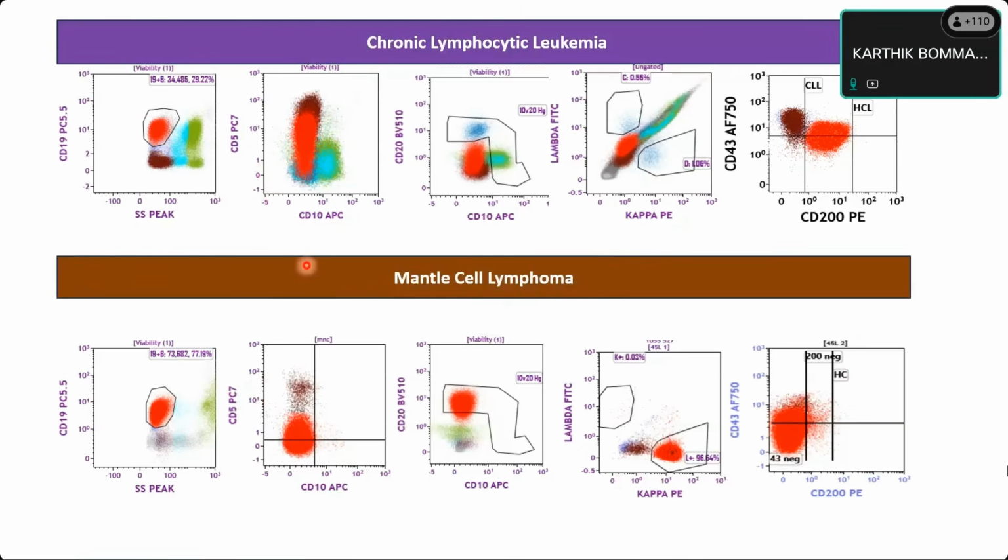So in CD5 positive, CD10 negative malignancy, look for your CD200 expression, which is negative. It is mantle cell lymphoma. Other features which will help for your chronic lymphocytic leukemia are dim expression of mature B cell markers like CD20 and CD22, and negativity or dim positivity for kappa and lambda, right? Clear? Any doubts?